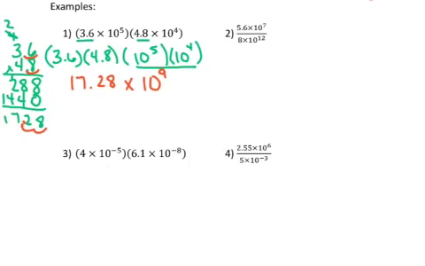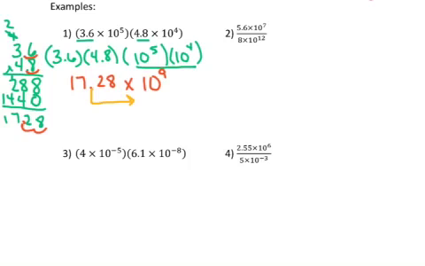The 9 as the exponent means we take this decimal point and we move it 9 places to the right. So I will use a yellow arrow to remind me I'm moving it 9 places to the right. In order for this number 17.28 to be between 1 and 10, we have to put the decimal point between the 1 and the 7 instead of where it is. So we have to move the decimal point 1 place back.